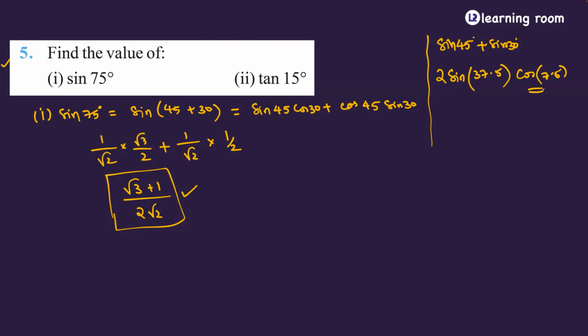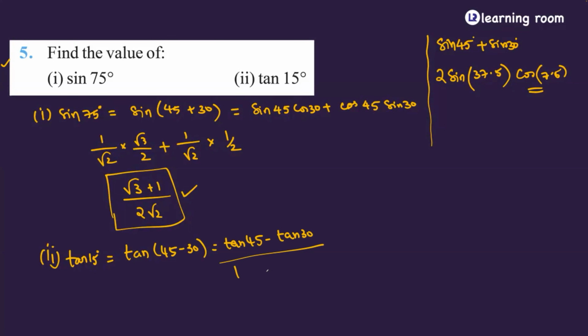Similarly, second, tan 15 degrees. What is tan 15? Tan of 45 minus 30. So it is going to be tan 45 minus tan 30 divided by 1 plus tan 45 into tan 30.